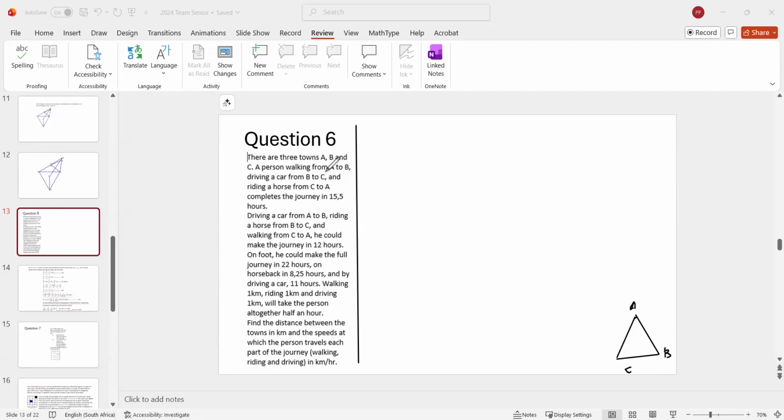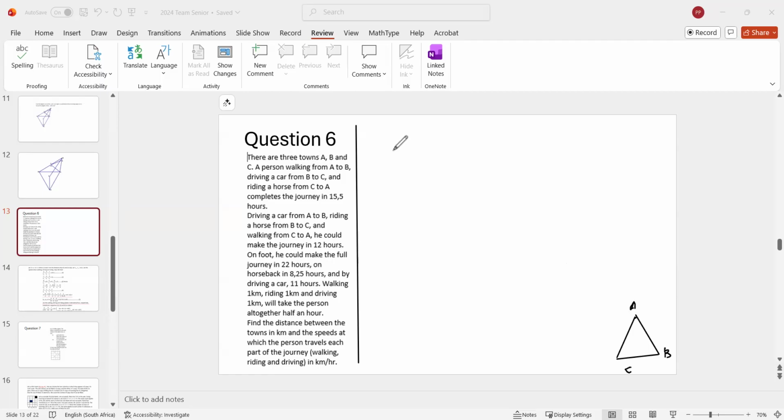Okay, a person walking from A to B, driving a car from B to C, and riding a horse from C to A completes the journey in 55 hours. All right, so it gives you the total time that it takes to complete the journey from A to B, from B to C, and C to A. But now we don't know what the speeds are. We have to give names to the speeds.